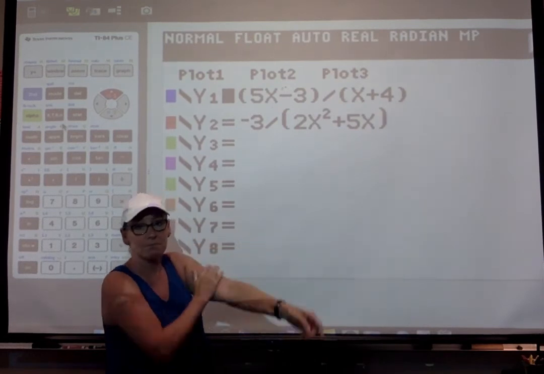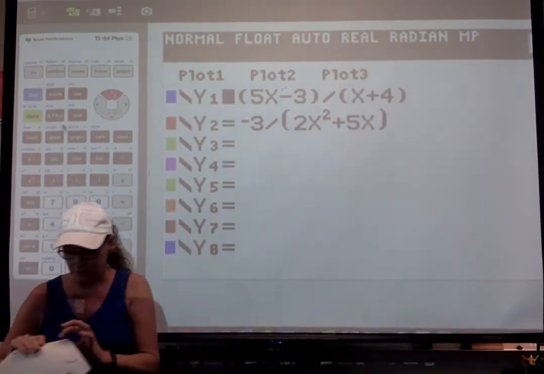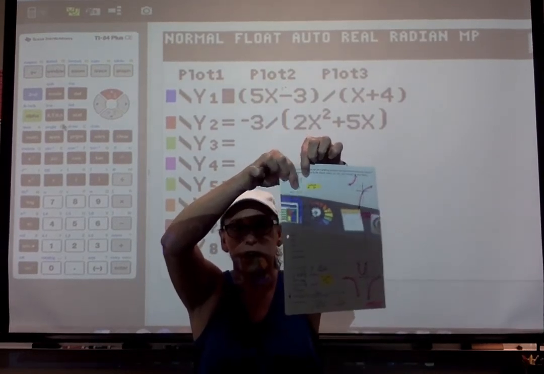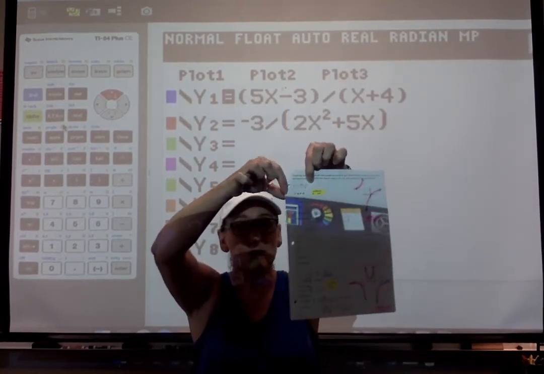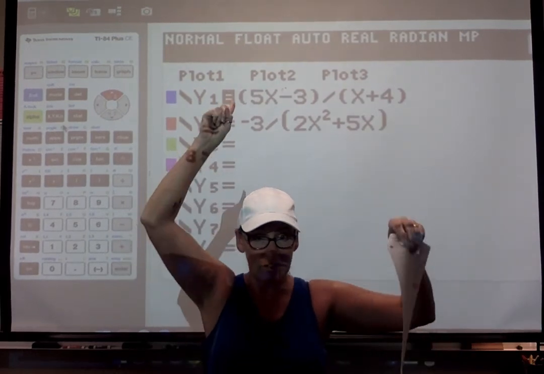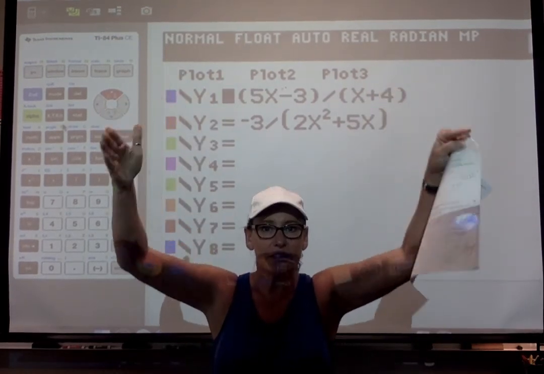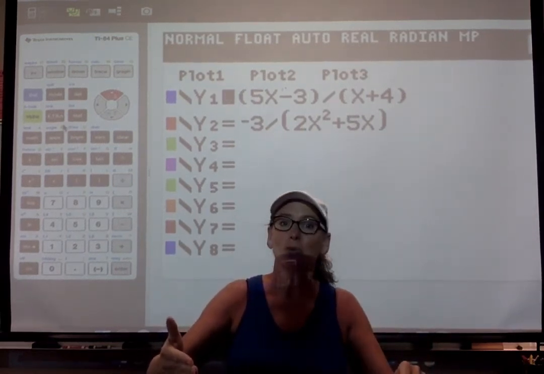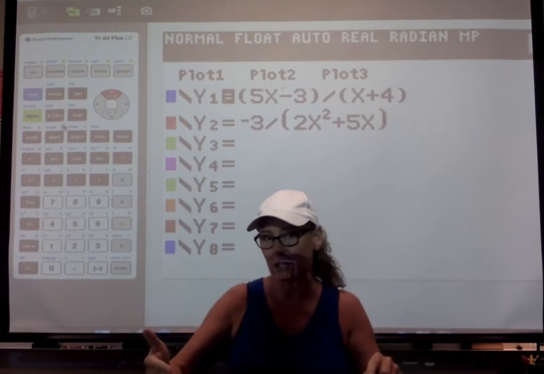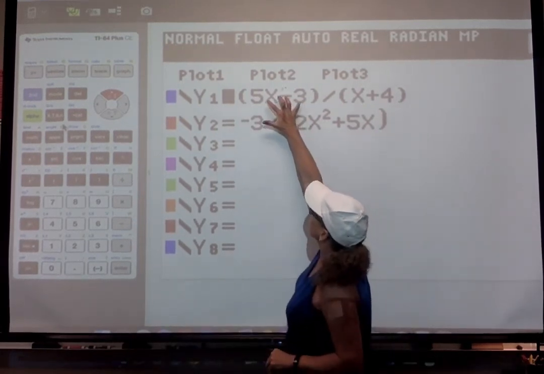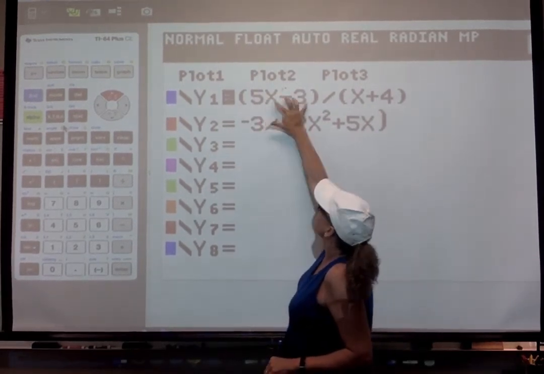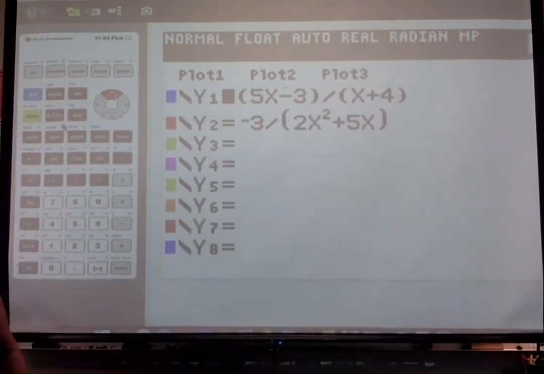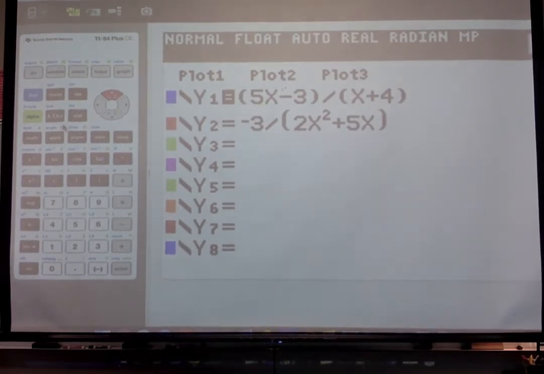Now, warning, when you type in 5x minus 3 on the top and x plus 4 on the bottom, if you don't tell your calculator specifically this is my numerator, this is my denominator, it's going to do order of operations not the way you want it to. So make sure you put your binomials in parentheses, and then hit graph.